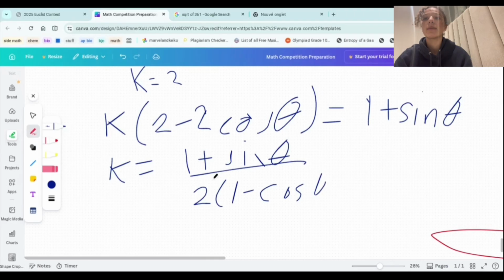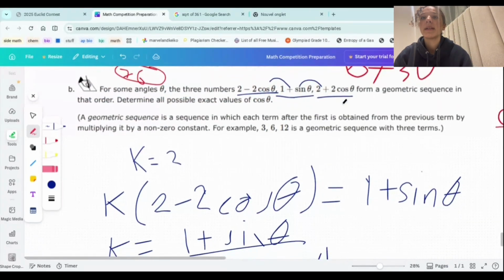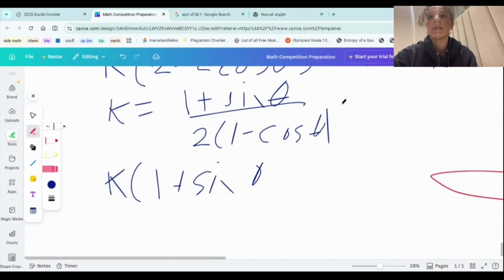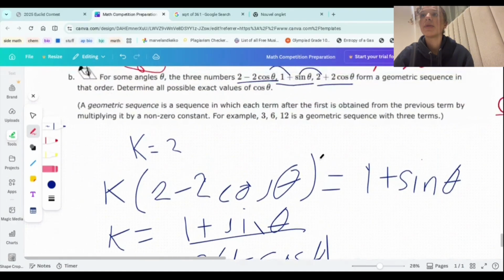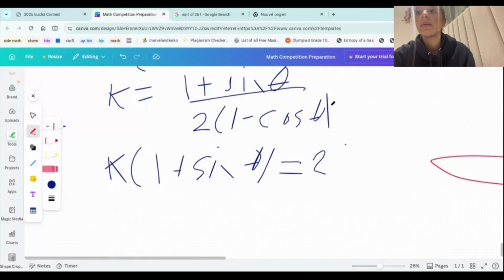And then the second equation I have for k is in this term, so I know that k times 1 plus sine theta is equal to my final term, 2 plus 2 cos theta, 2 times 1 plus cos theta. Wow, this is glitching.